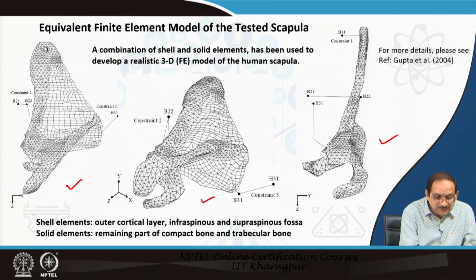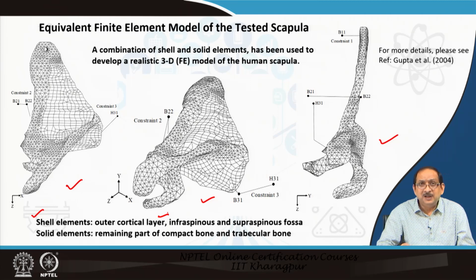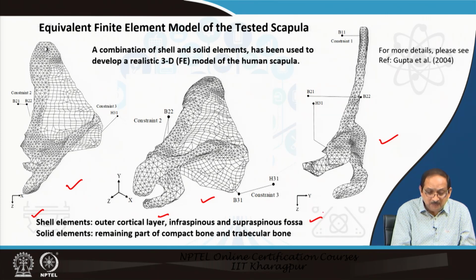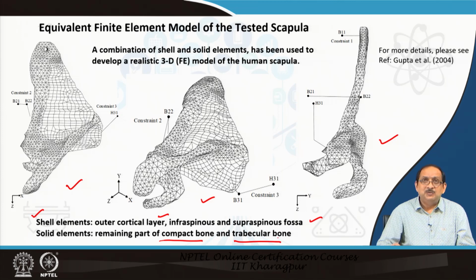So, the shell elements were used to model the outer cortical layer, infraspinous and supraspinous fossa, which are flat laminated bony structures, and the solid elements were used to model the remaining part of the compact bone and the trabecular bone in the solid bony ridges of the scapula.